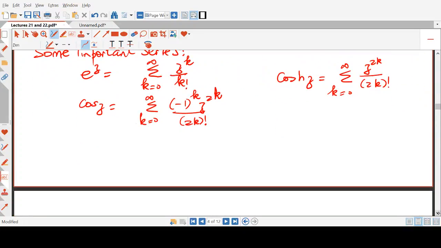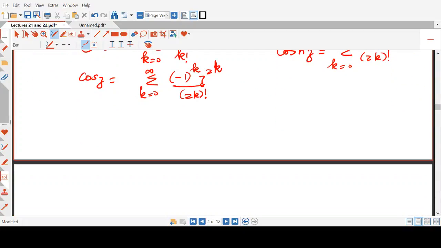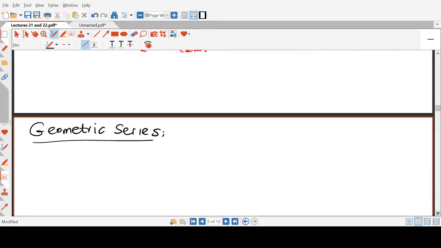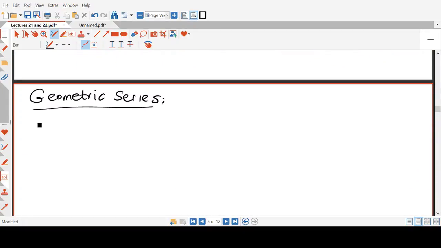But now, we're going to focus on the geometric series from high school. This is very important to understand. If you take 1 plus z plus z squared plus z cubed up to infinity, the formula is a over 1 minus r, so it's 1 over 1 minus z.